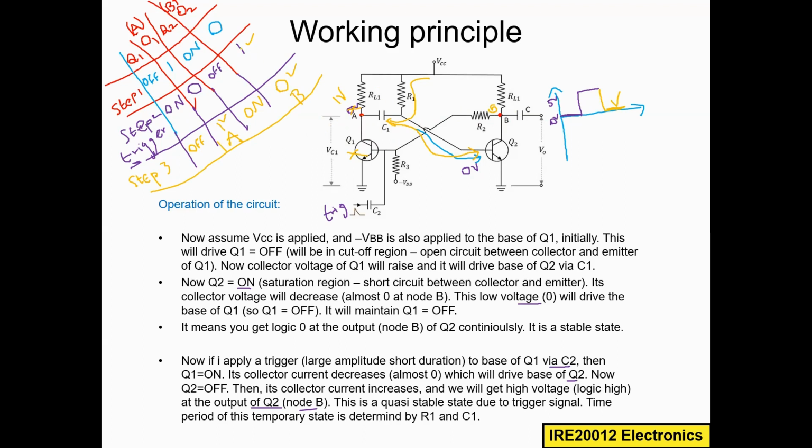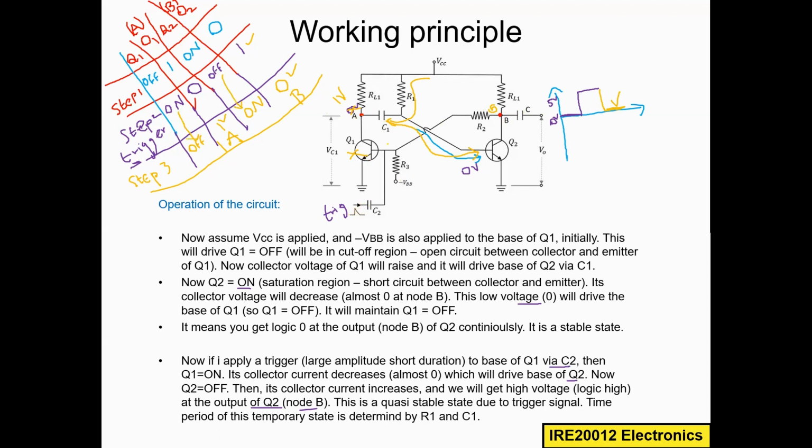We give the trigger signal only one time, and then from the stable state it becomes unstable. It changes to Q1 on and Q2 off. But after some time, based on the charging time of C1, automatically the on becomes off and the off becomes on.